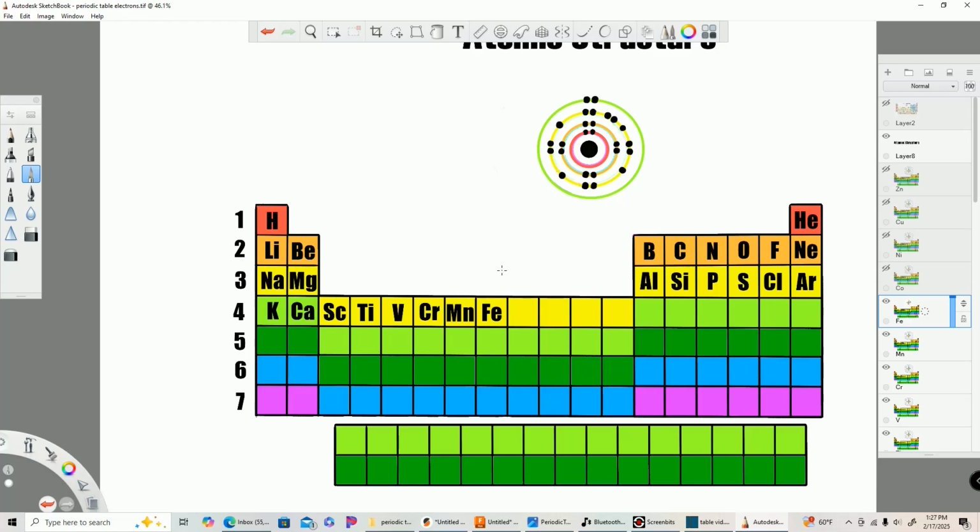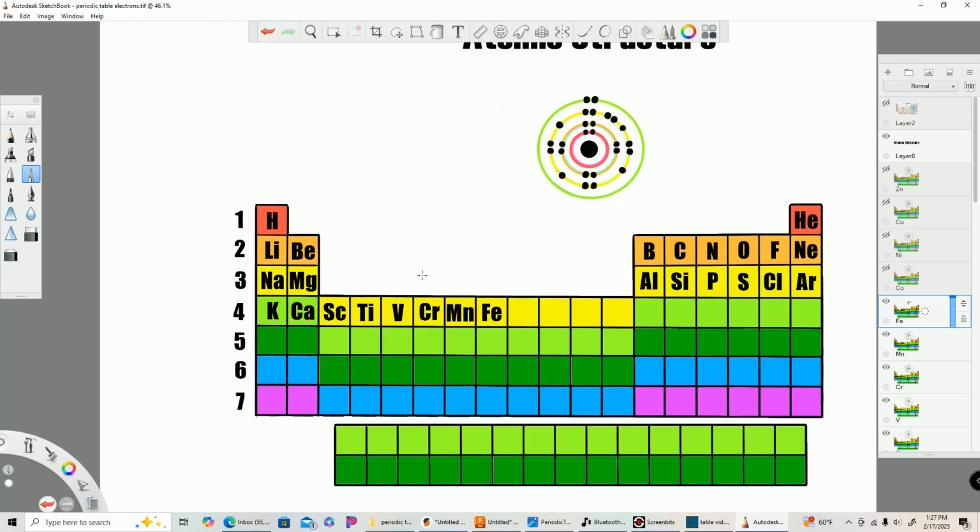And you know that its valence electrons are in the 4th principal level, and you know it has 2 electrons in its valence shell because in the 4th principal level, which is this light green, you just have 2 columns, 1, 2, okay, and all of its other electrons are in the other principal levels.